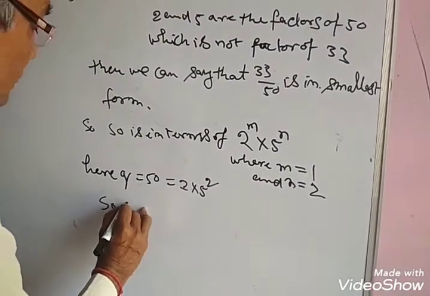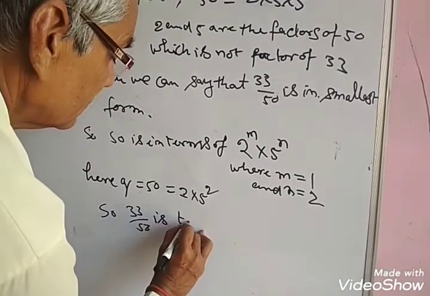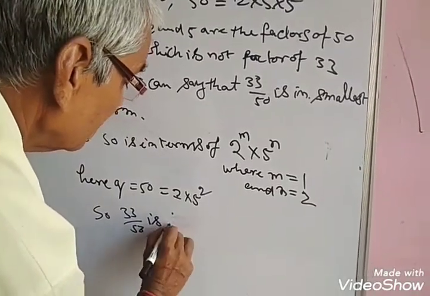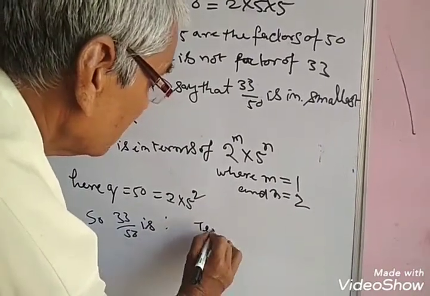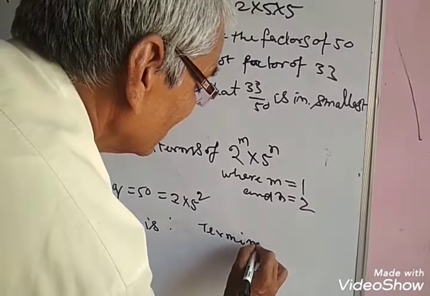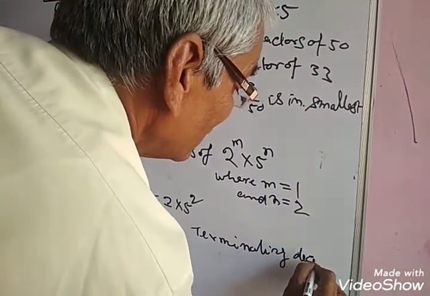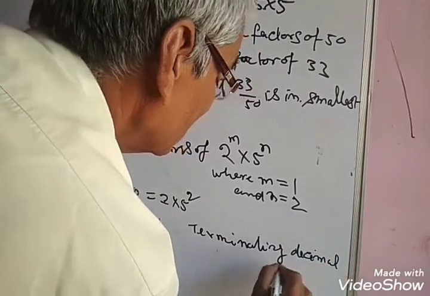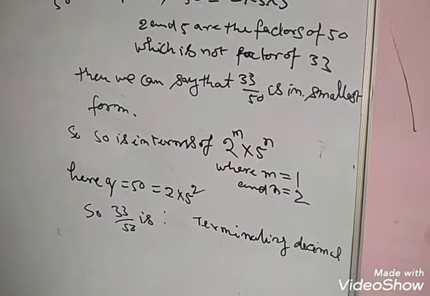So 33 by 50 is in terminating decimal form.